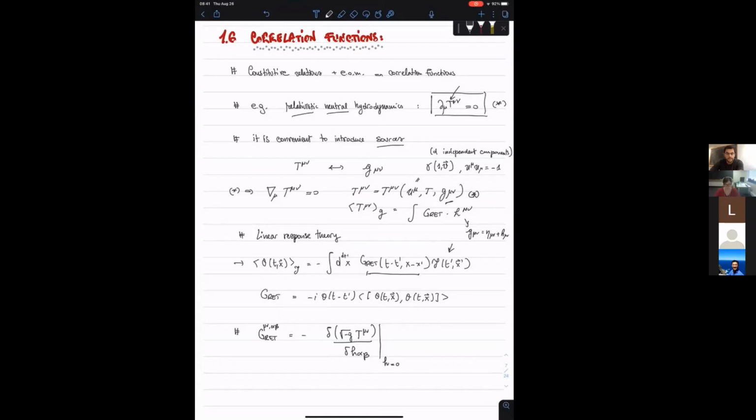Now, the point that I want to make is that this means that the hydrodynamics equations, in particular the constitutive relations, contain information about the retarded Green's functions. And you can go further because you can look at nonlinear response functions.